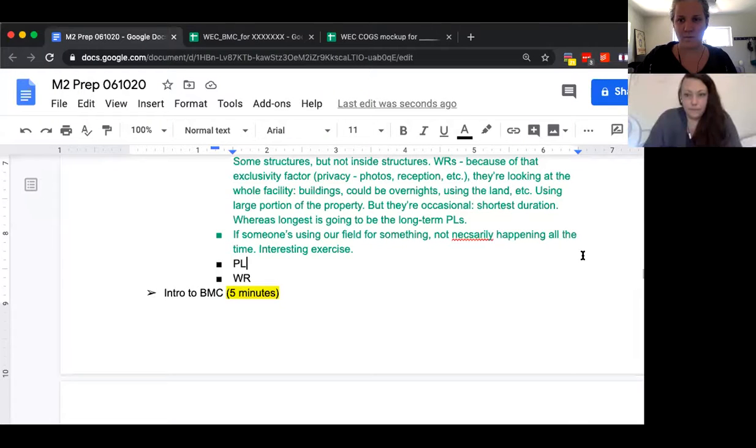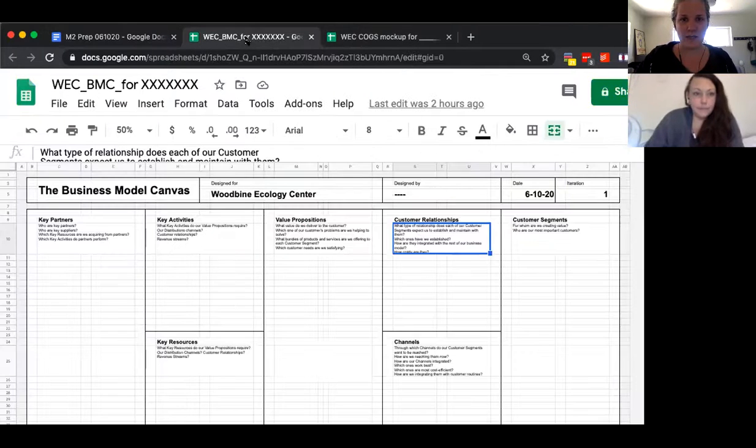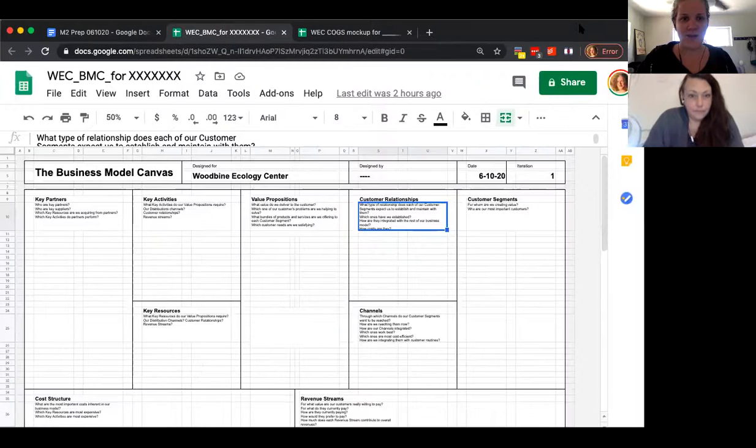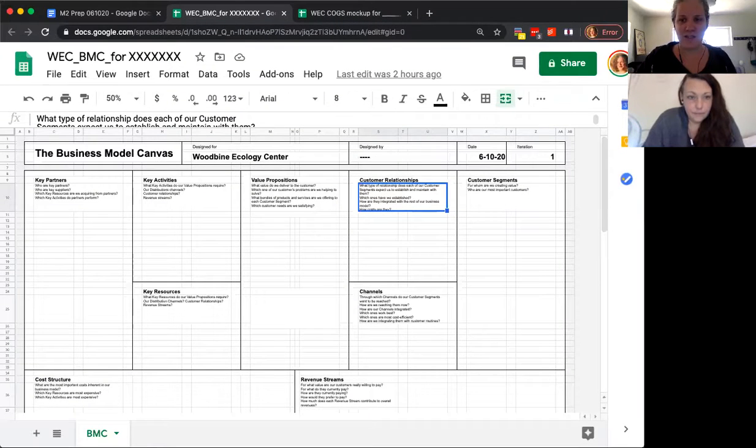All right. So I'm going to share my screen and we can go into the business model canvas. Great. You should be seeing a spreadsheet that's formatted as a business model canvas.